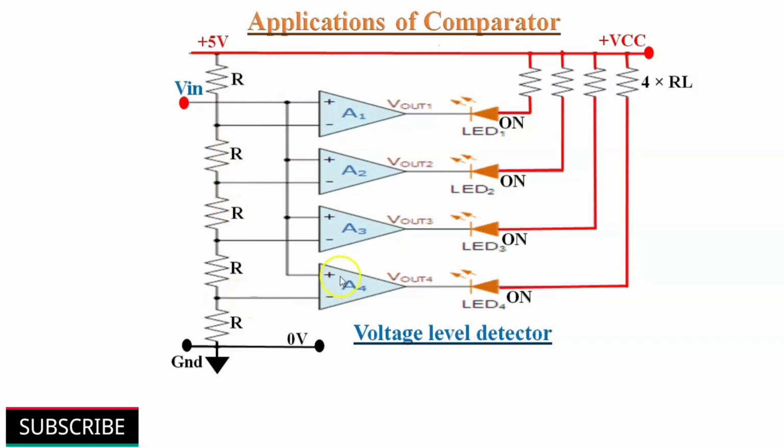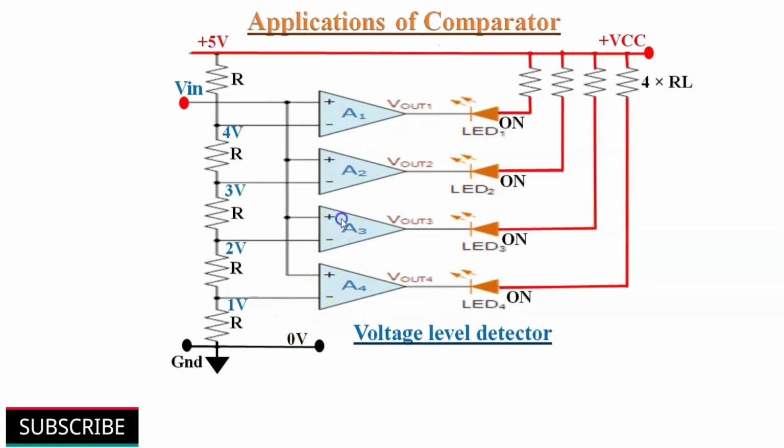The bottom comparator will get a reference voltage of 1/5 of the total supply voltage, that is 1 volt, and the rest of the comparators will get 2 volts, 3 volts and 4 volts reference voltages respectively, and all 4 comparators are non-inverting comparators.